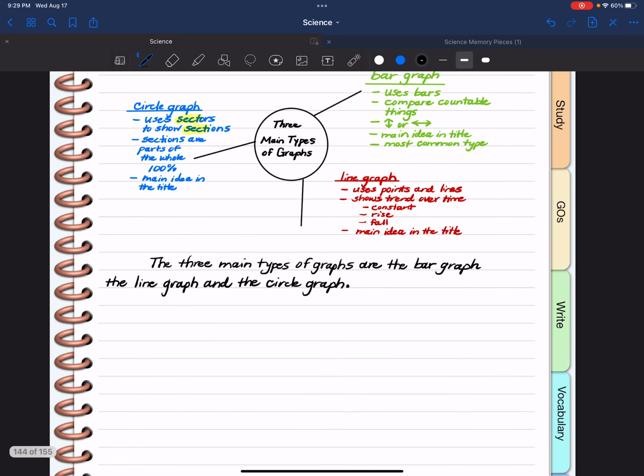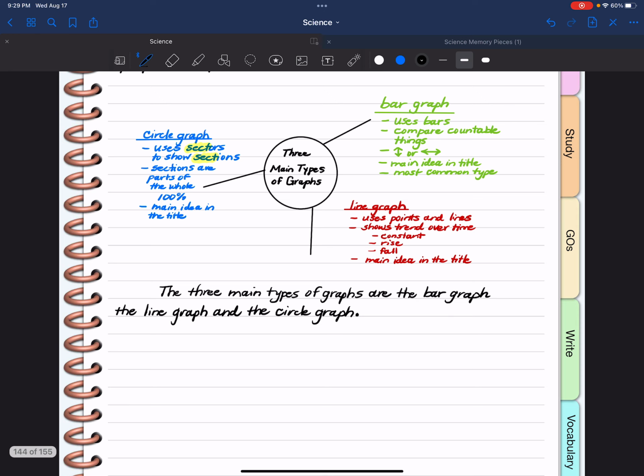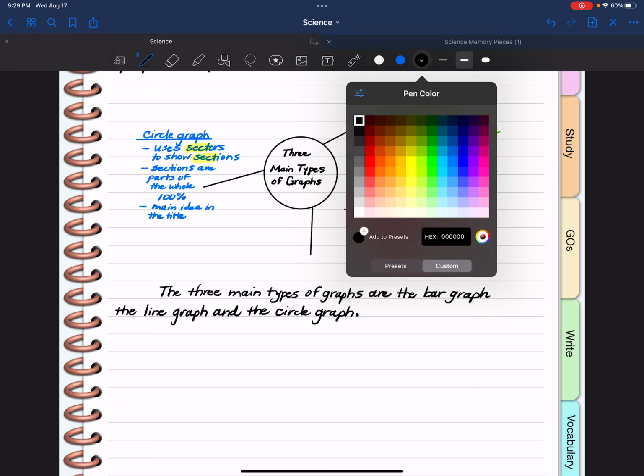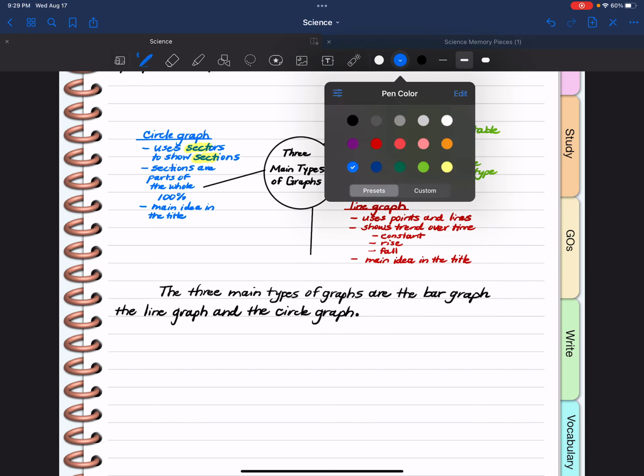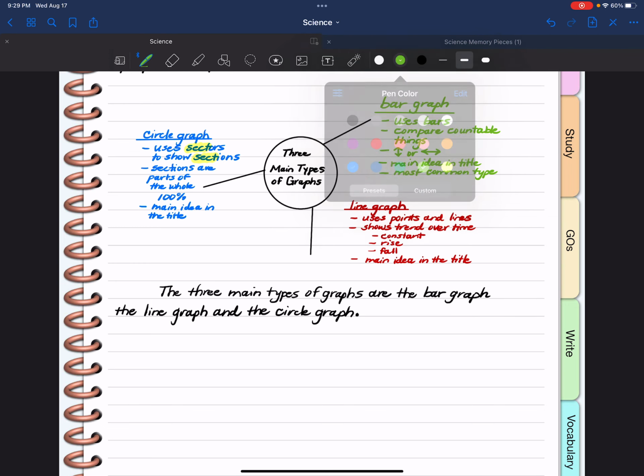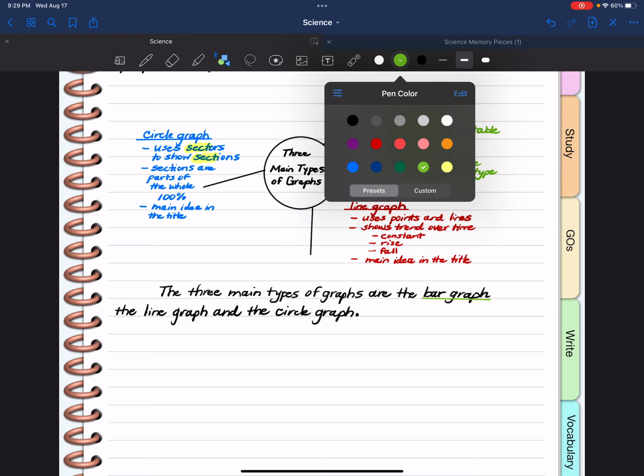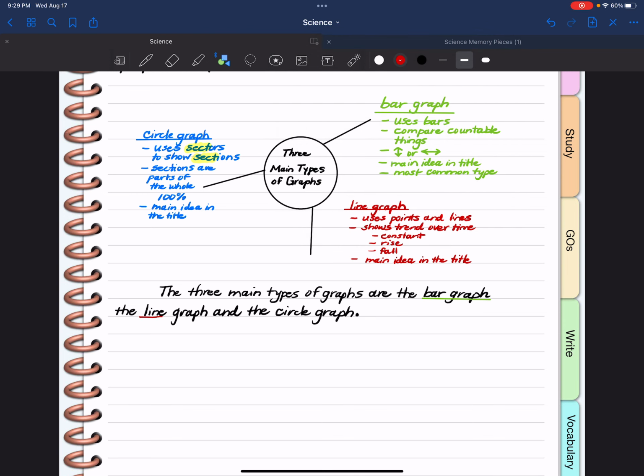Now look at what I've done there. I have identified those 3 types of graphs right here. I said we have the, here's bar graph. Here is line graph. And here is circle graph.